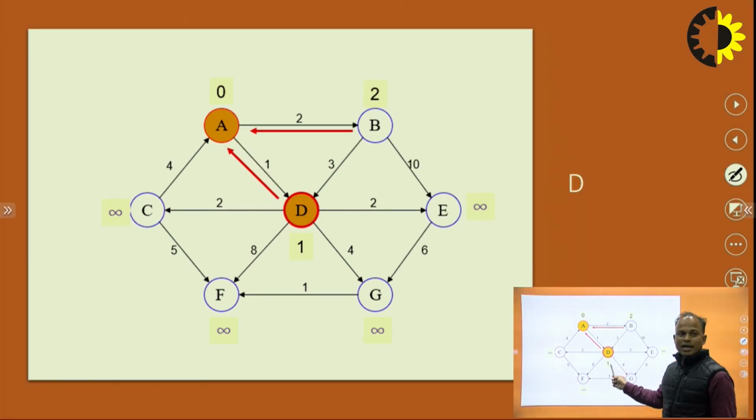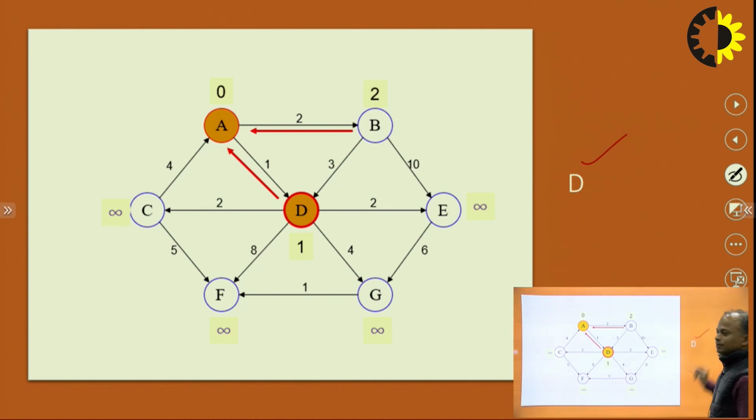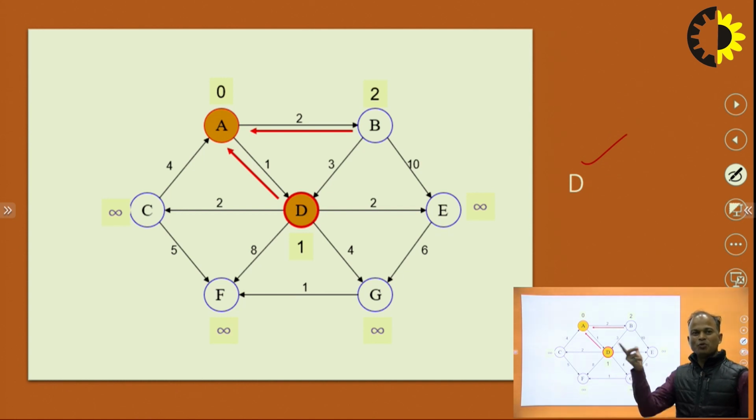See here, we are at D, and we have selected D because up to D, the distance traveled is only 1. Up to B, the distance traveled is 2.